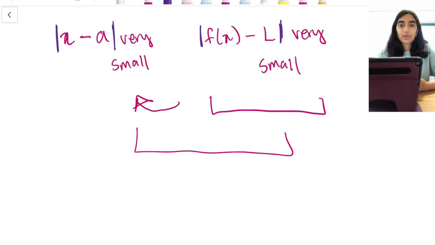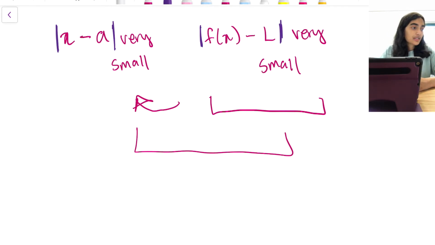Okay, and these differences are not going to be the same, right? The difference between x and a is not going to be the same as the difference between f of x and L, because it's the input and the output. They're two different values, right? And because they approach their own respective input and output values, we're going to have different letters to represent both of them.